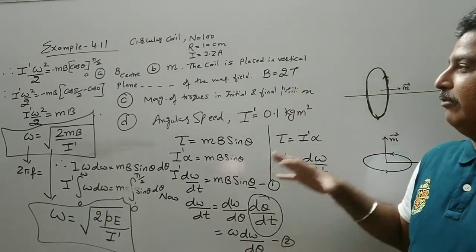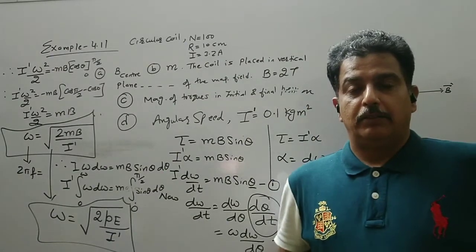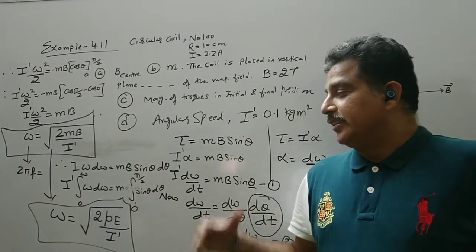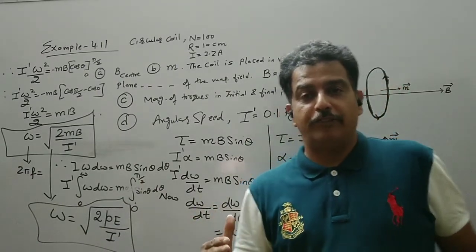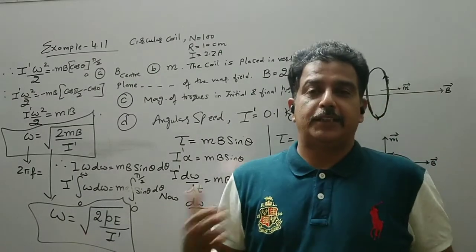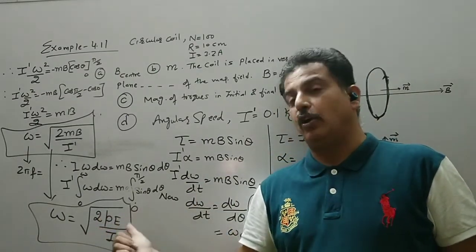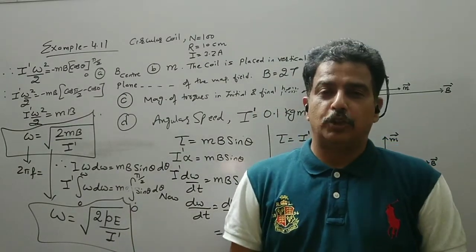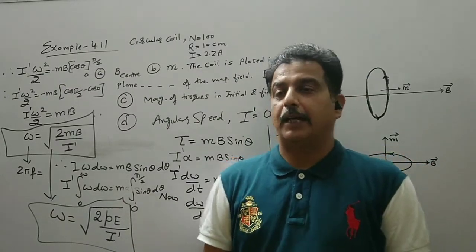If an electric dipole is placed in a uniform electric field, then it rotates till it gets aligned in the direction of the field. When it rotates, its angular speed is given by twice dipole moment times electric field upon the moment of inertia. So this is a comparison between electric dipole and magnetic dipole.